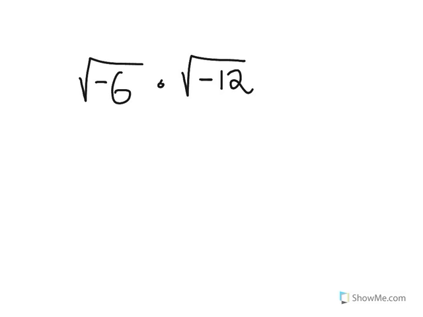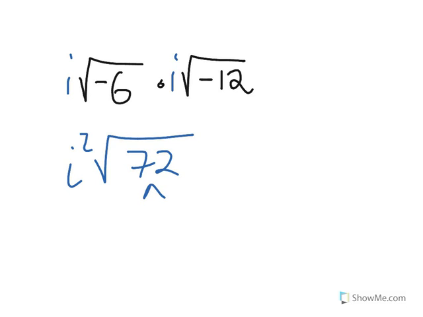And we'll do 2 more of these. So now we're going to multiply the square root of negative 6 times the square root of negative 12. So I'm going to get i squared again. That's going to bring out an i and an i. And then 12 times 6 is 72. So now I'm just going to break down 72. 72 is 9 times 8.